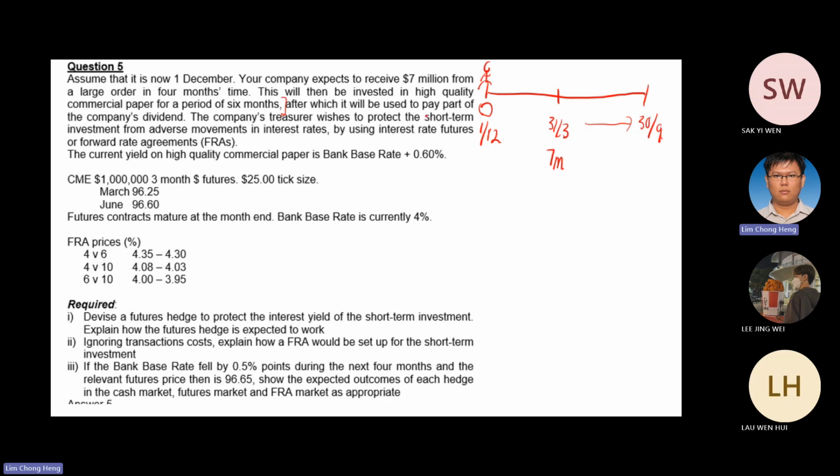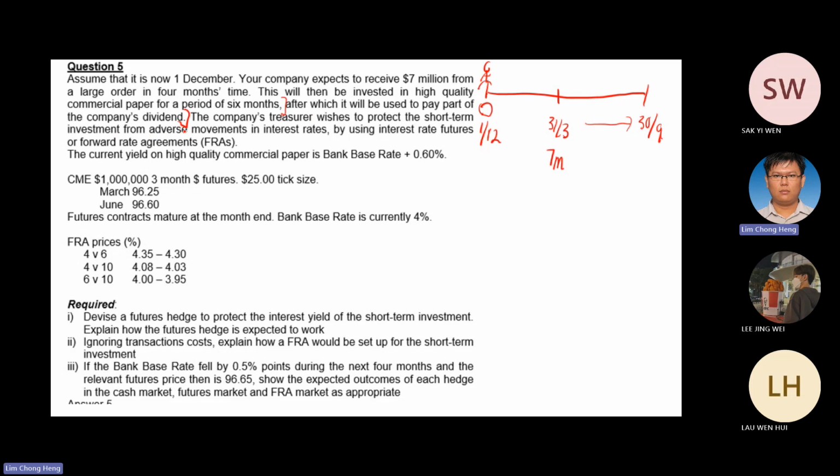After this, you will use the money to pay the company dividend. There's not much information for you, you just need to know the money is paid for the dividend.